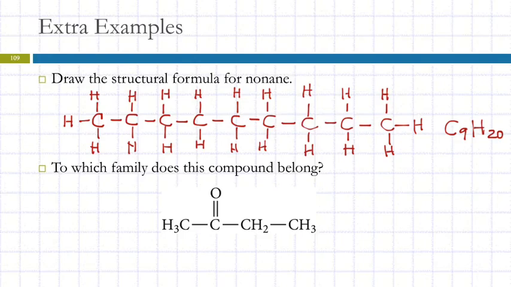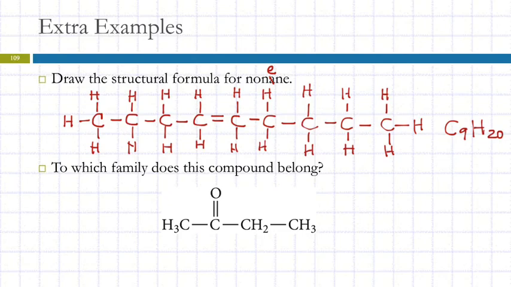So that's nonane. If I asked you to draw the structural formula for nonene, you'd need a double bond. Where do you put the double bond? Well, in this class, I wouldn't care. I just want you to know that the ene means a double bond. So let's make this into nonene. We need a double bond. I'm just going to stick it in here.